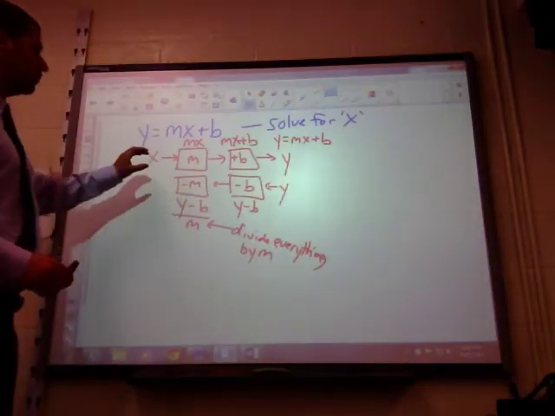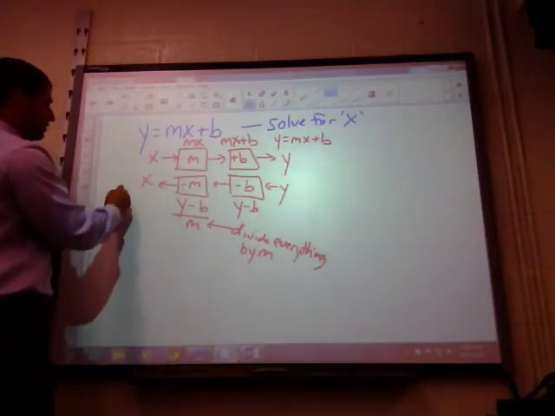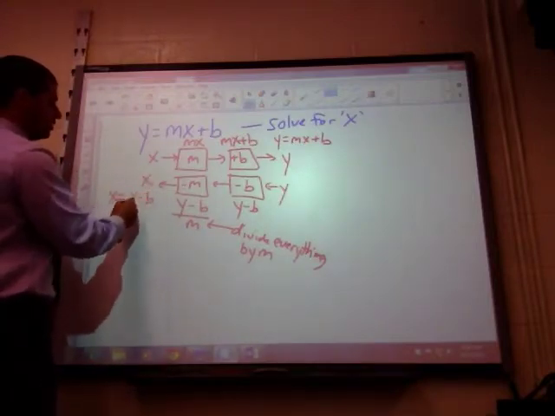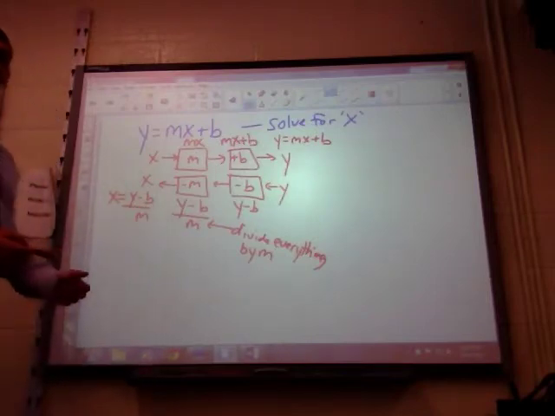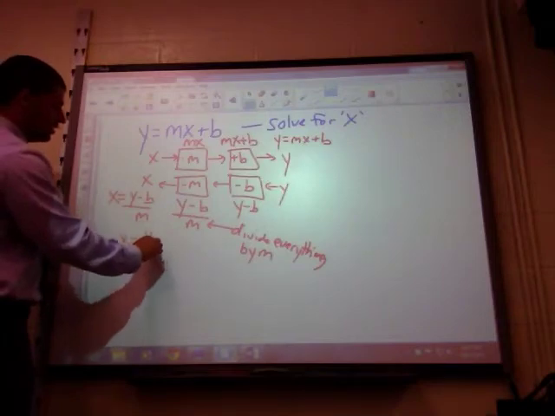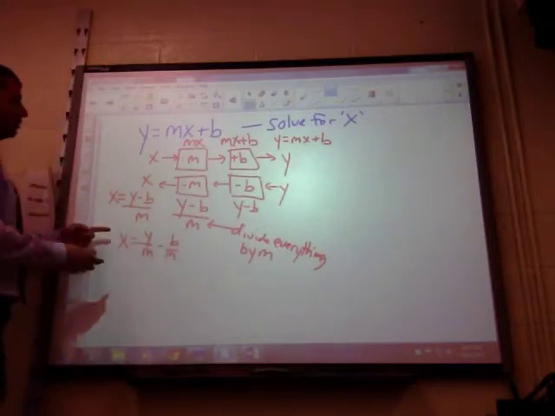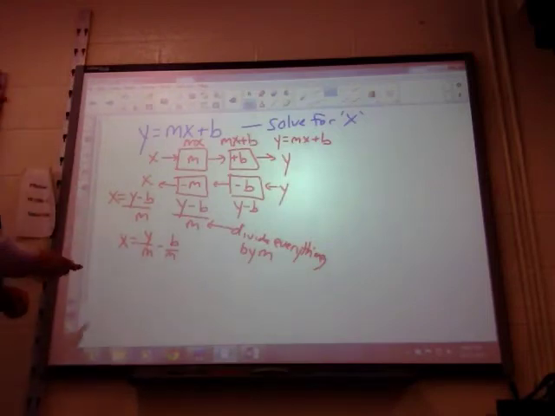Everything that we've had so far, we are multiplying or dividing it by. And that's going to equal x. So x equals y minus b over m. And for simplification purposes, we're going to split this up and say x equals y over m minus b over m, which we're allowed to do because they have the same denominator.